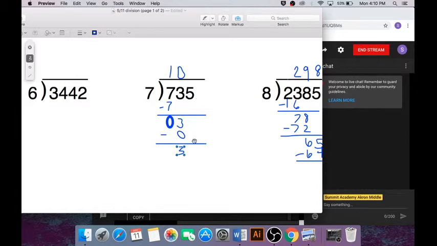And then we're going to bring down the 5. Now we're going to see how many times 7 goes into 35 without going over. And 7 times 5 will give us 35. So our answer is 105.